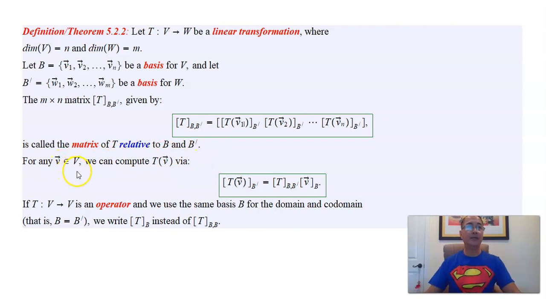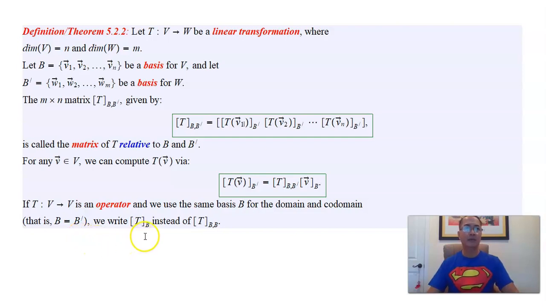Given any V from the domain, we can compute its image, T of V, via the formula: the coordinate matrix of T of V with respect to the basis B prime is just the matrix product of this matrix with the coordinates of V with respect to the basis B. Now, in the special case when T is an operator, it's only natural that we use the same basis B for the domain and the codomain, so B and B prime are exactly the same.